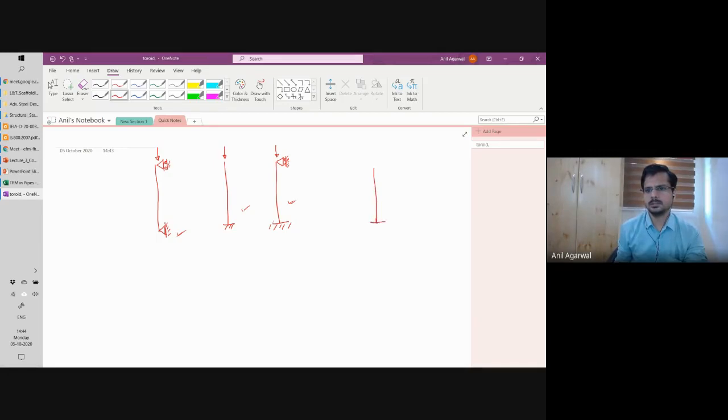So let's say, imagine a case, this is a column, but at the top, it does not have a boundary which can be idealized either as this or as this. You may at best be able to idealize it as something like this. And then you can say, okay, again, it may be somewhat like this, or it may be like this, like so, or it may even be further down.